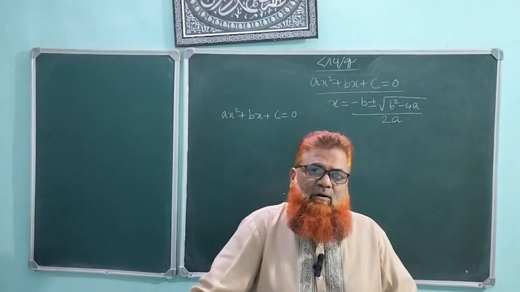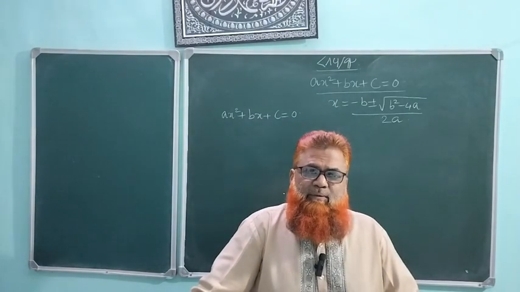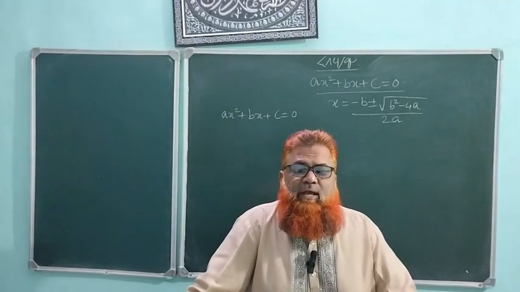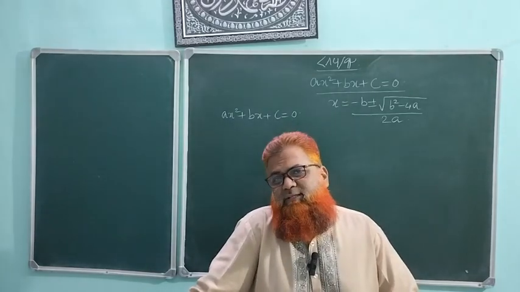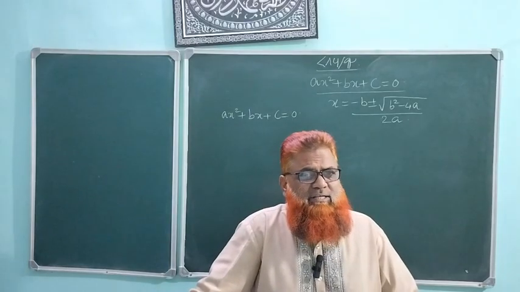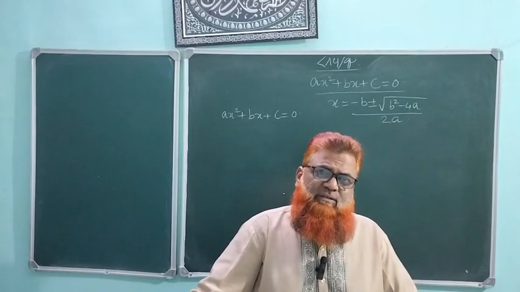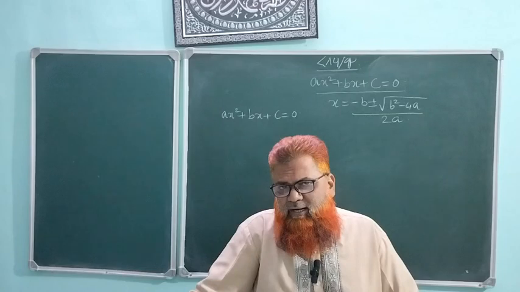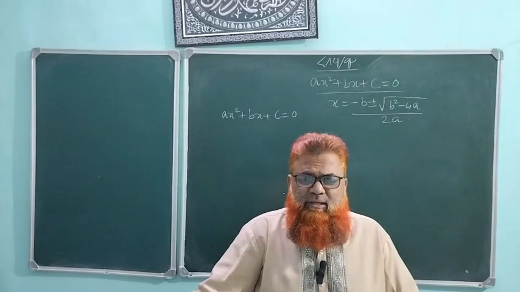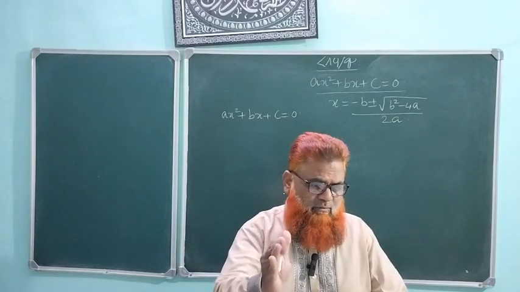You should recall from your previous videos that a, b, c are real numbers, where a is the coefficient of x square, b is the coefficient of x, and c is the constant. One condition applies: a must not be equal to 0. If a is equal to 0, it multiplies the second degree term and makes it 0, then it will remain a linear equation and no more a quadratic equation. For that reason, a should not be equal to 0.